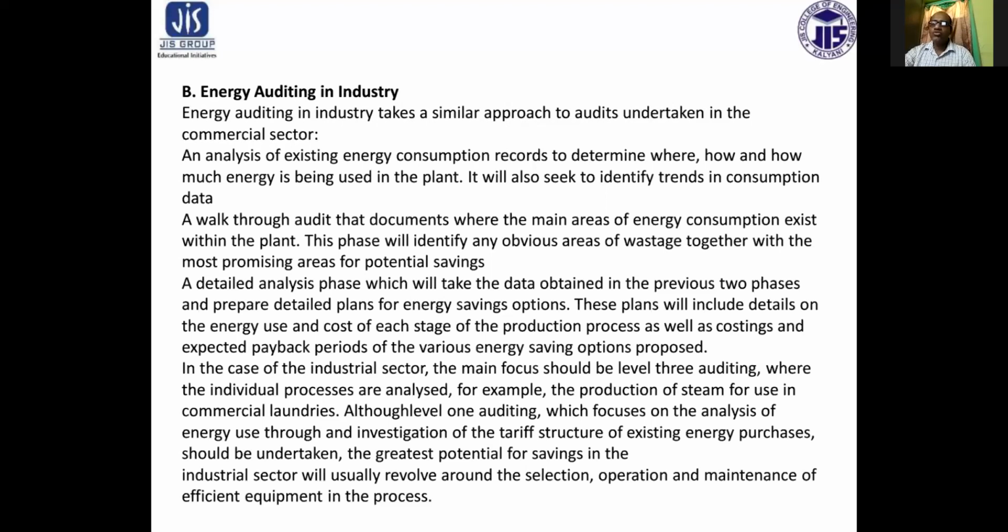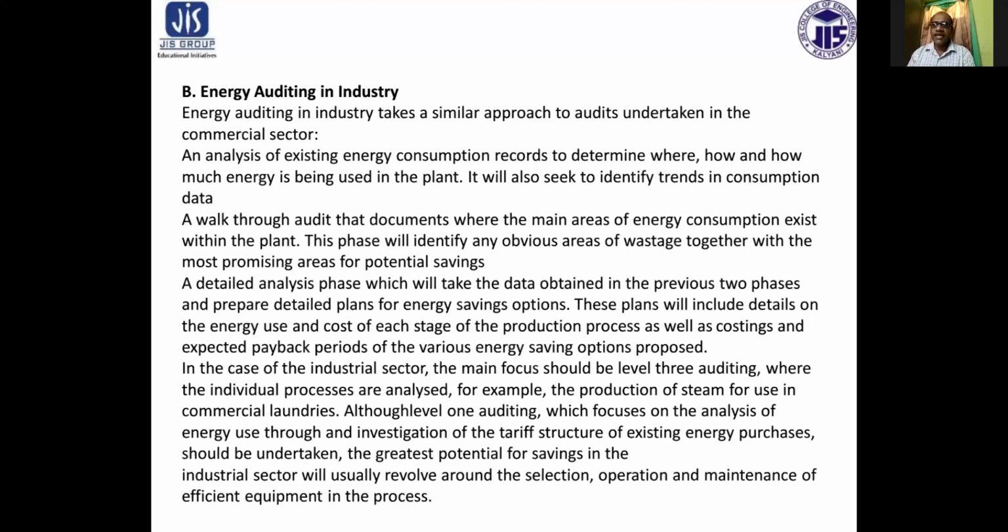Second, a walkthrough audit that documents where the main areas of energy consumption exist within the plant. This phase will identify any obvious areas of wastage together with the most promising areas for potential savings.